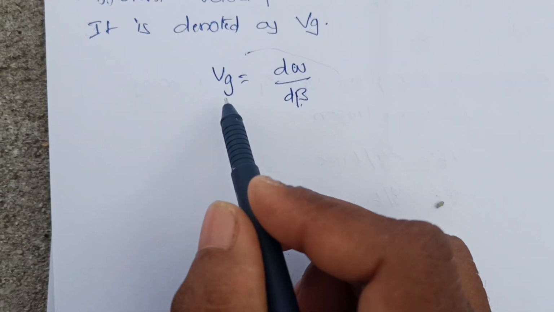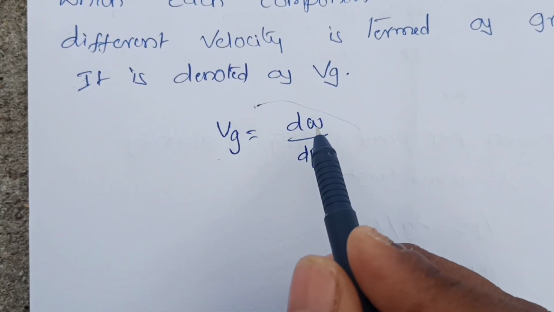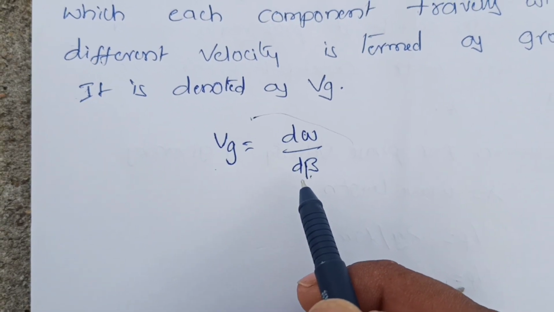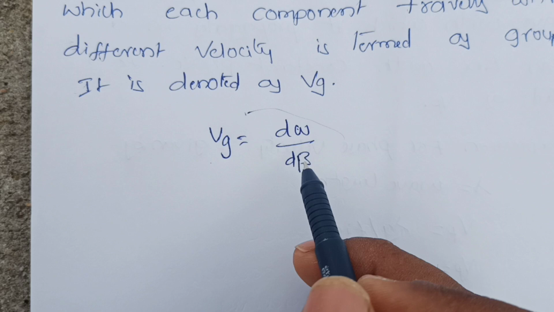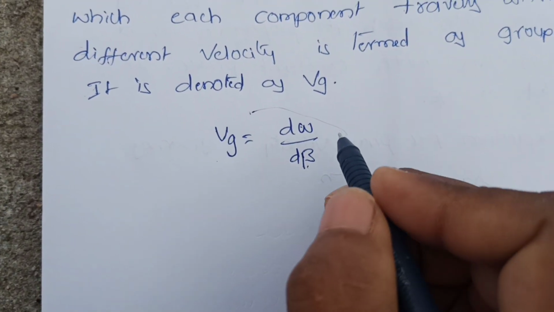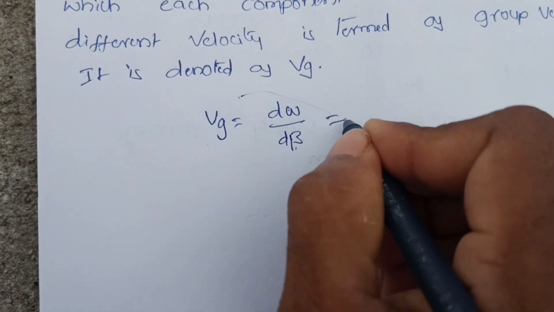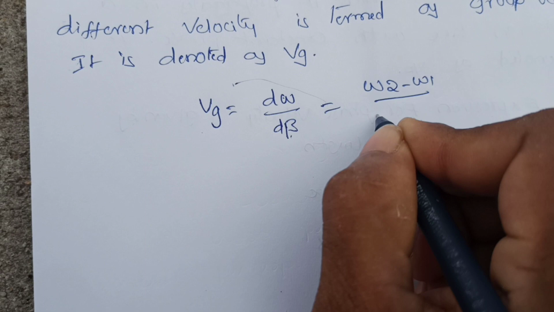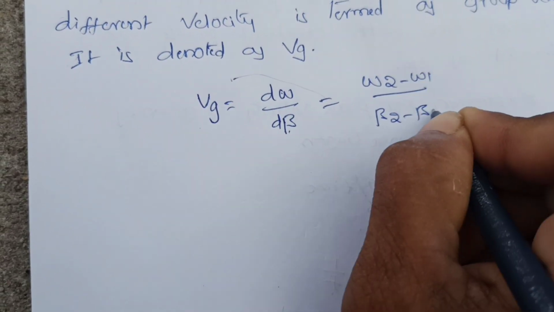So Vg is equal to d omega, the rate of change of omega, with respect to d beta, the rate of change of phase shift value. So Vg is equal to d omega by d beta. It is also written as omega 2 minus omega 1 by beta 2 minus beta 1.